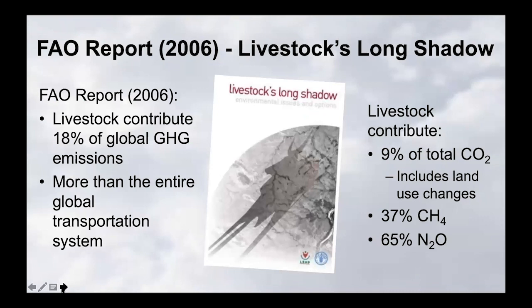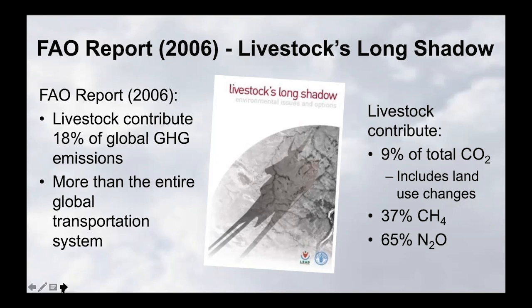Now, if you've heard data or negative comments about agriculture, this is where it most likely came from. The Food and Agricultural Organization issued a report in 2006 called Livestock's Long Shadow. That one attributed livestock as contributing 18% total of the global greenhouse gas emissions. 18% just for livestock.